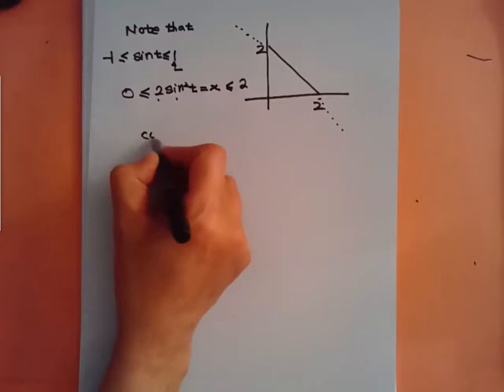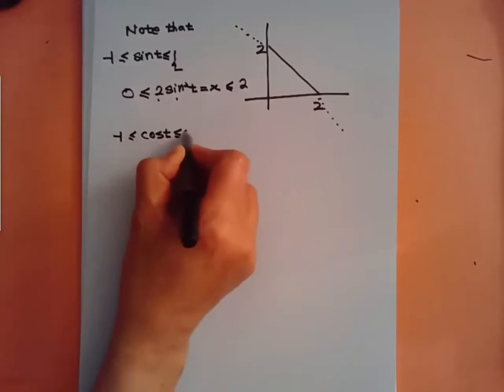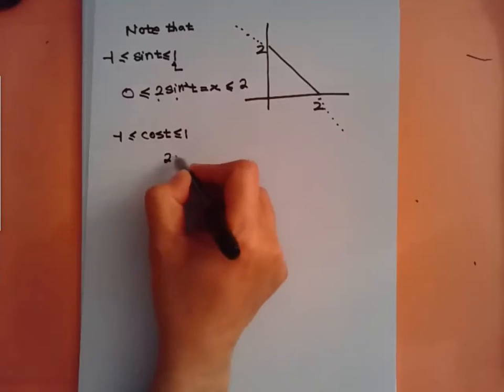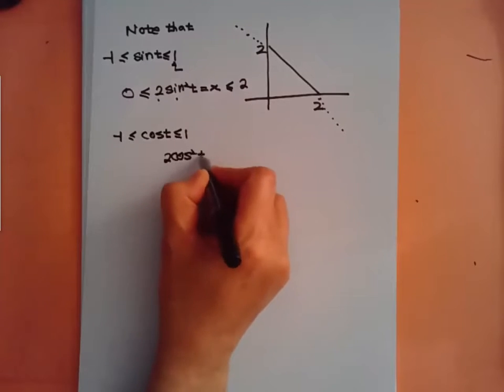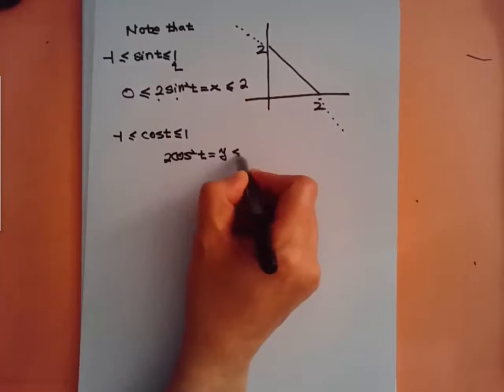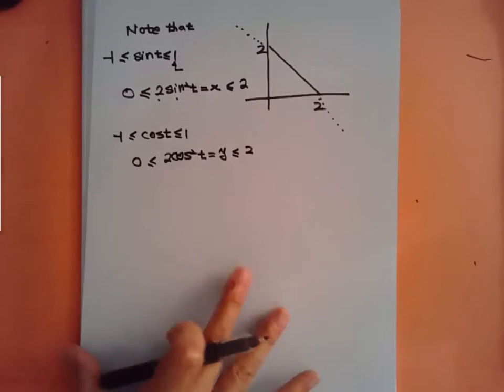The next one is about cosine of t. Cosine of t is from -1 to 1, and we do the same reasoning. 2 times cosine squared of t equals y, and that is from 0 to 2.